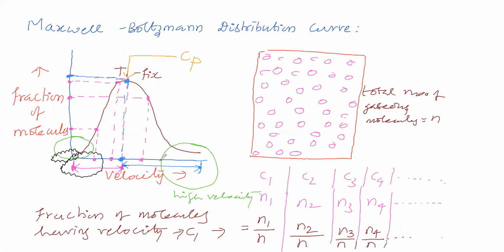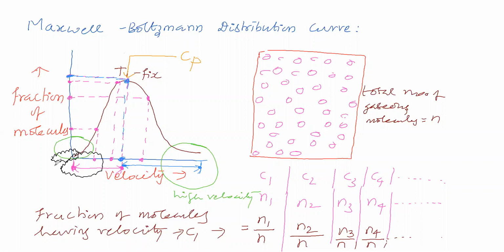You are comparing with these velocities. Now at lower velocity, the fraction of molecules is this. Compare this fraction with so and so fraction. Is lower velocity possessed by a lower fraction or a higher fraction of molecules?